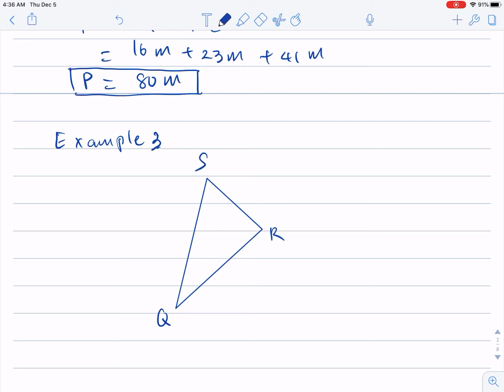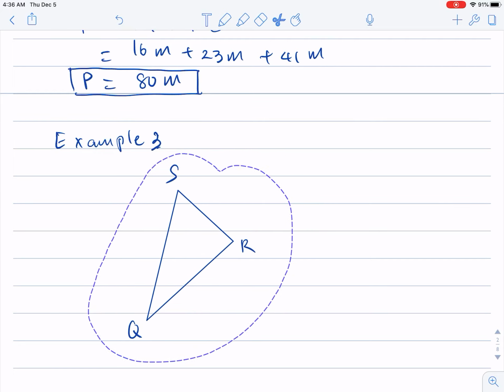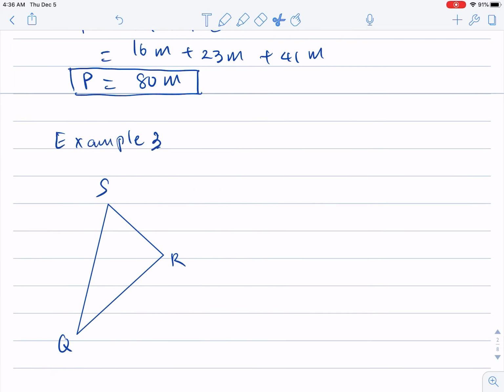So, ang perimeter natin ay suppose one side is 26 units, another side is 18 units.